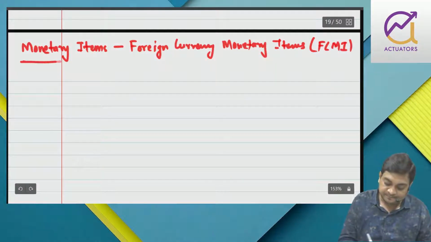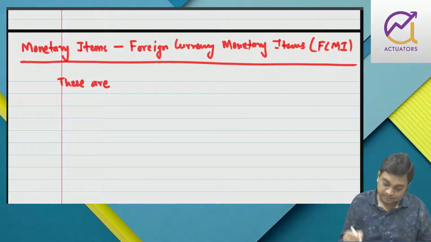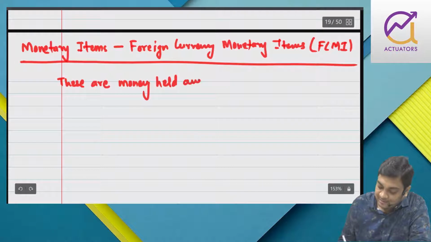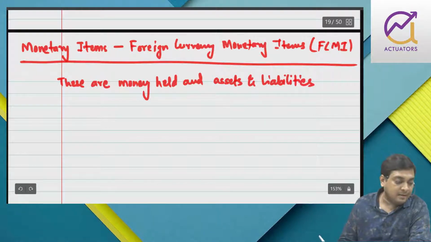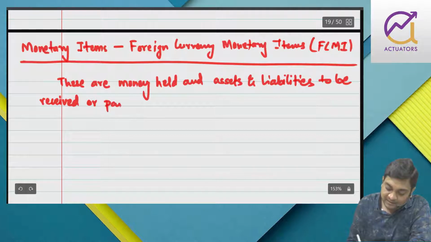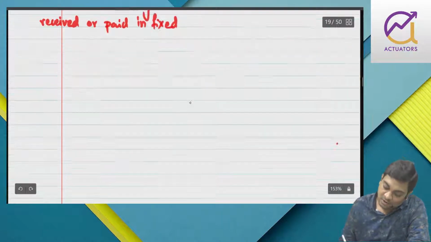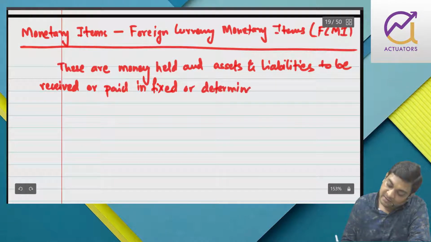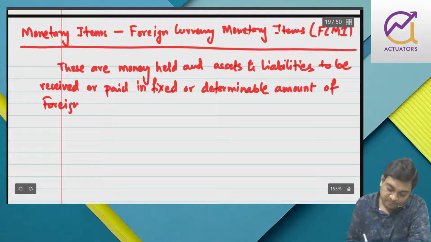FCMI. These are money held and assets and liabilities to be received or paid in fixed or determinable amount of foreign currency.